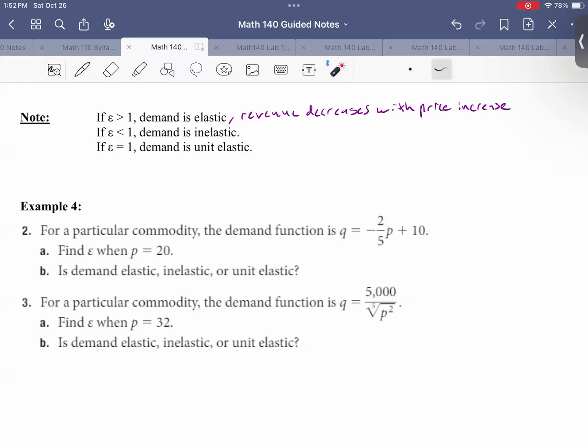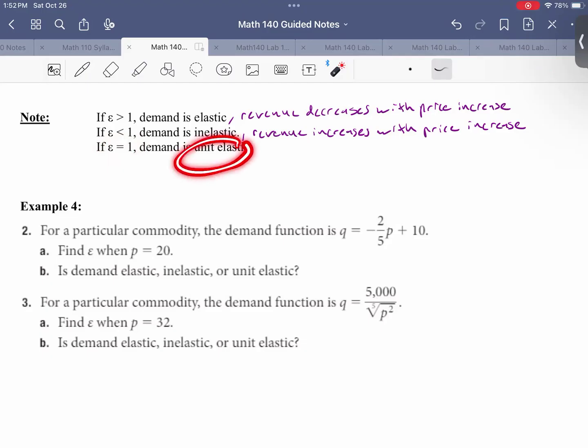If epsilon is less than one, like 0.4 or something like that, that means the revenue increases with price increase. And what if epsilon actually equals one? What if our point elasticity is just one?